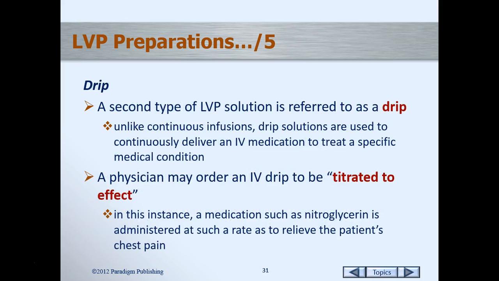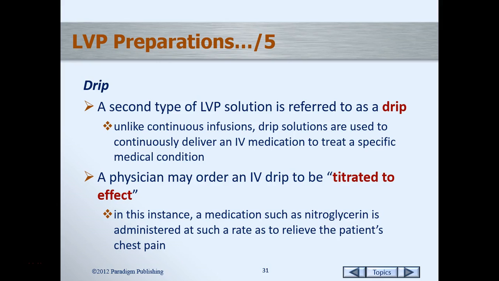So as I was saying, a drip is a second type of LVP. We refer to it as a drip. Unlike a continuous infusion, they're given continuously to treat a specific medical condition. Many times a drip is written to be titrated to get the ideal effect.